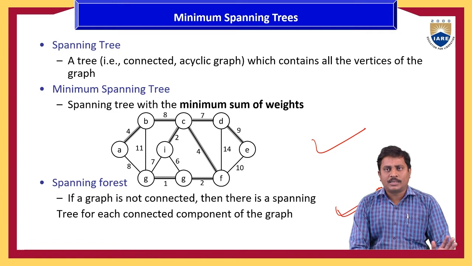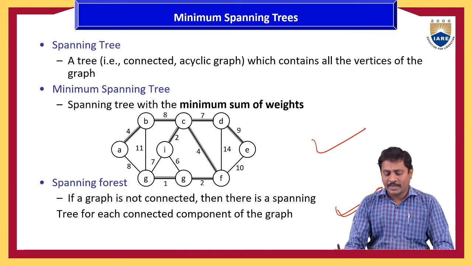And secondly, a graph which consists of all the vertices of the graph with minimum cost, which is acyclic, is called a spanning tree.